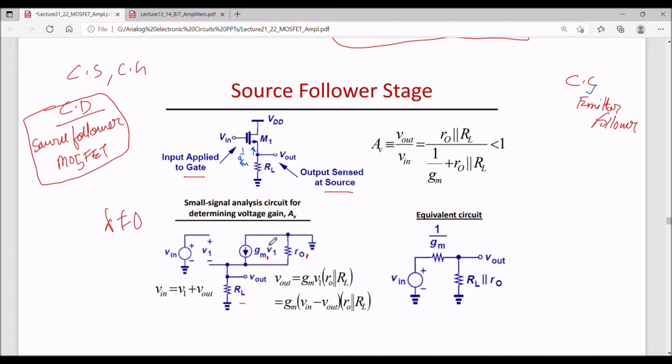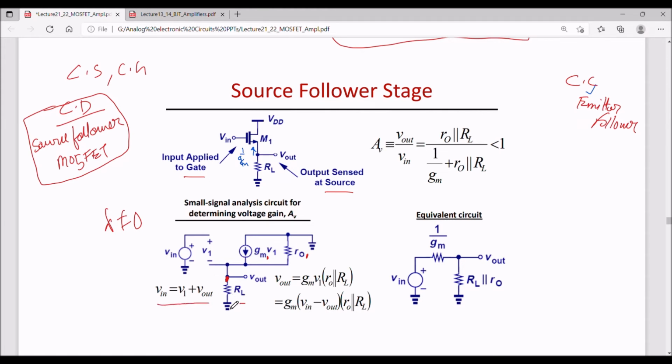Now in this circuit, one can see that at this point it is Vout, so Vin can be written as V1 plus Vout. So I can write Vin as V1 plus Vout.